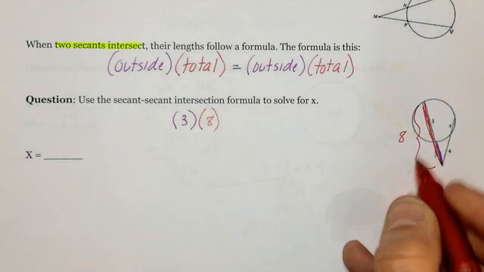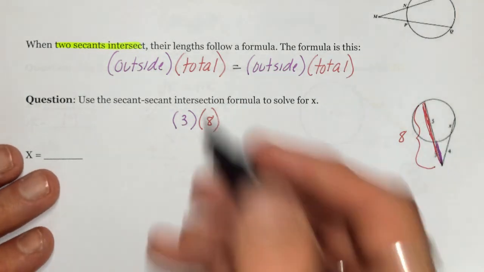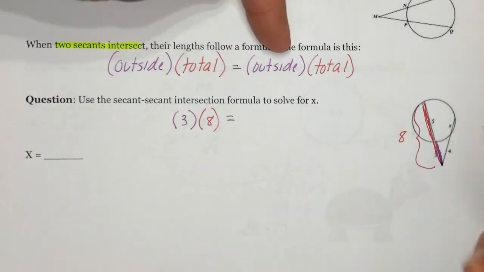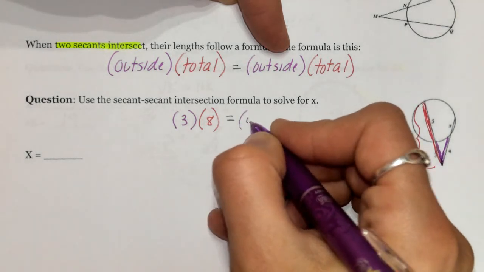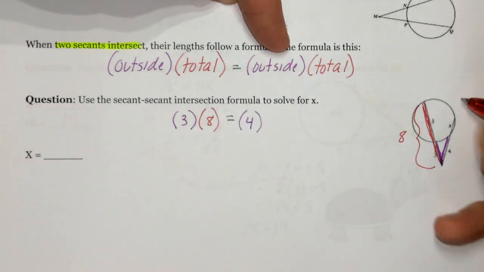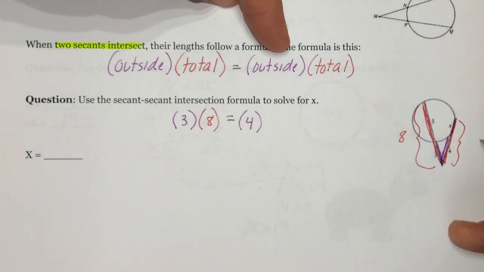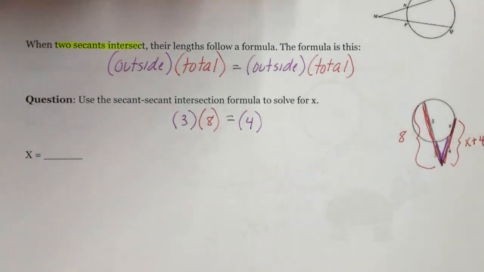And I kind of wrote over 3 over here. And then we're going to set it equal to the other secant's outside, which is going to be the 4, times the other secant's total, and that x is inside. Again, like we did on the tangent secant one, we need the total. We need to add these together as an x plus 4.